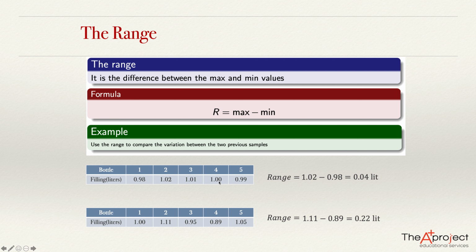The difference here will be bigger, because this outlier will give you a very different range. Because this measure is so sensitive to outliers, people don't like it too much. That's the reason why we need to use other measures of variation that are not so sensitive to outliers.